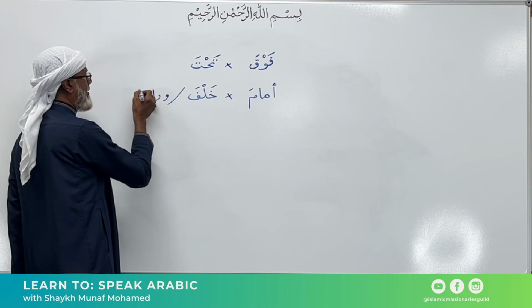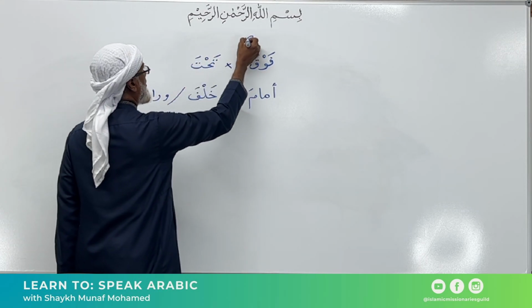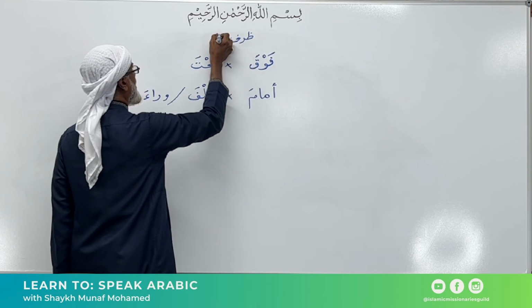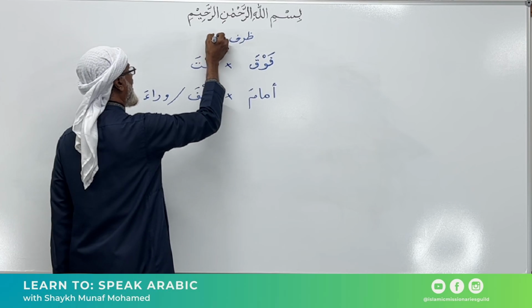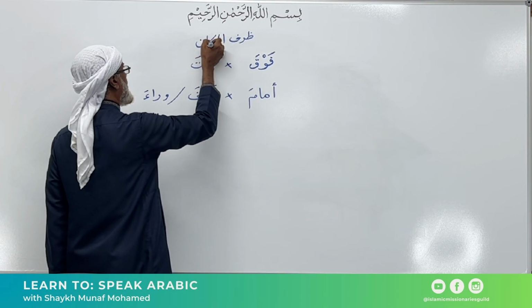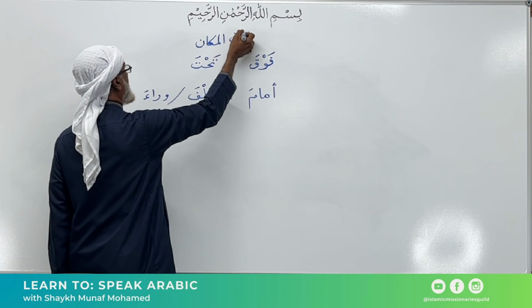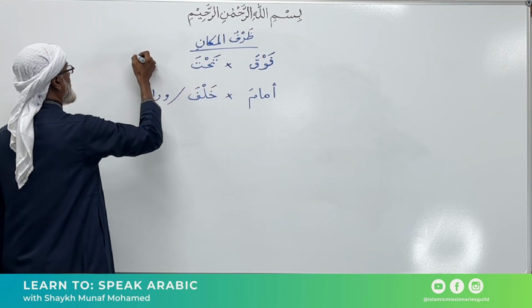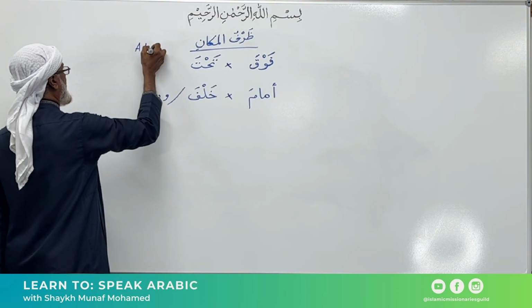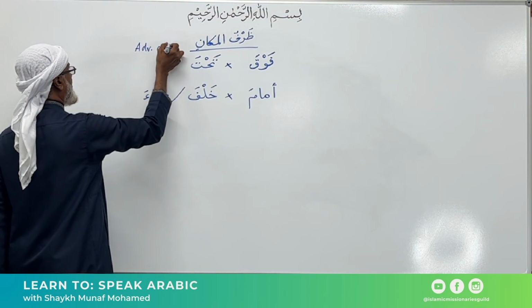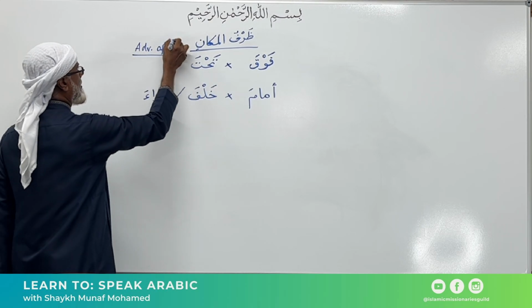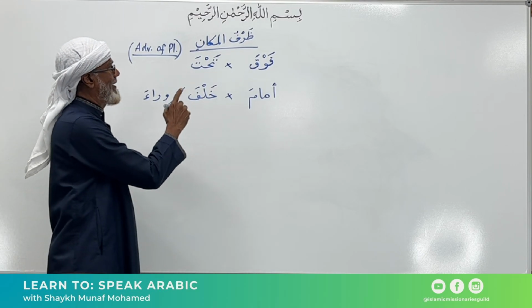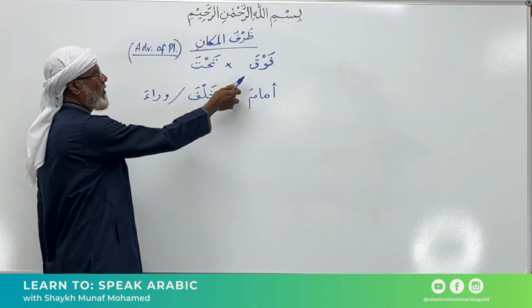This is called ظرف المكان, which in English we say adverb of place. ظرف المكان. So these are all places.